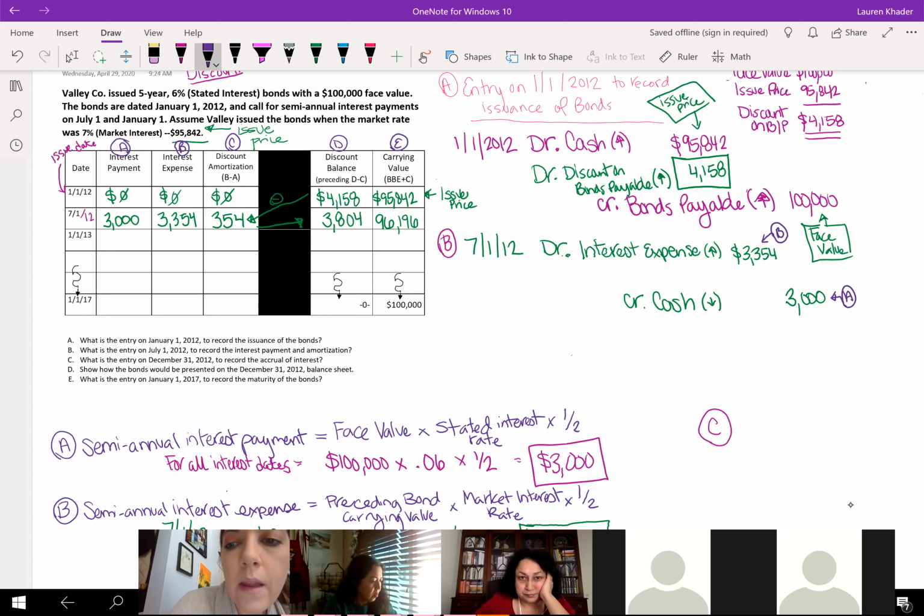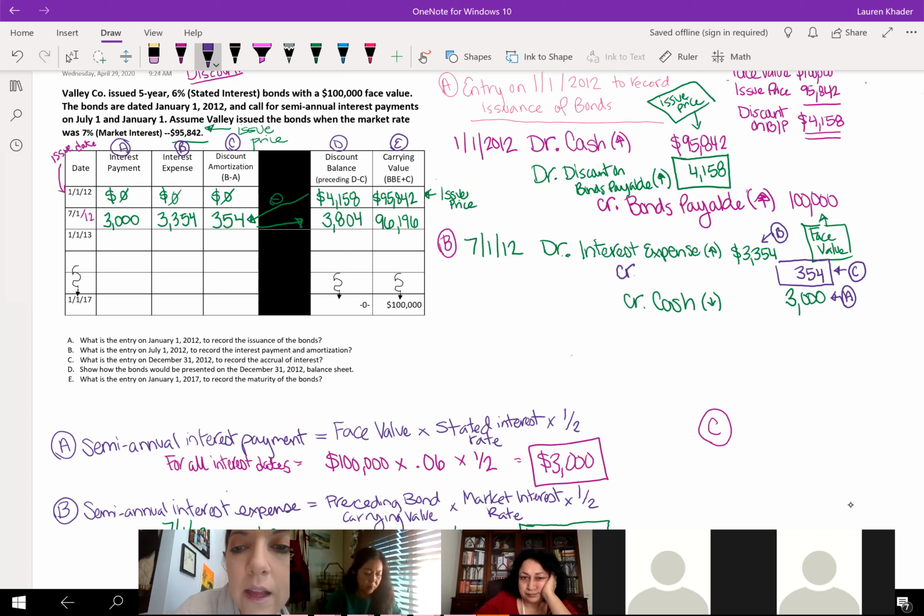And we need more debits or credits to balance. Credits. We need more credits, for 354. 354 is the amount, correct? To balance, this is coming from column C, which is the amount of amortization.